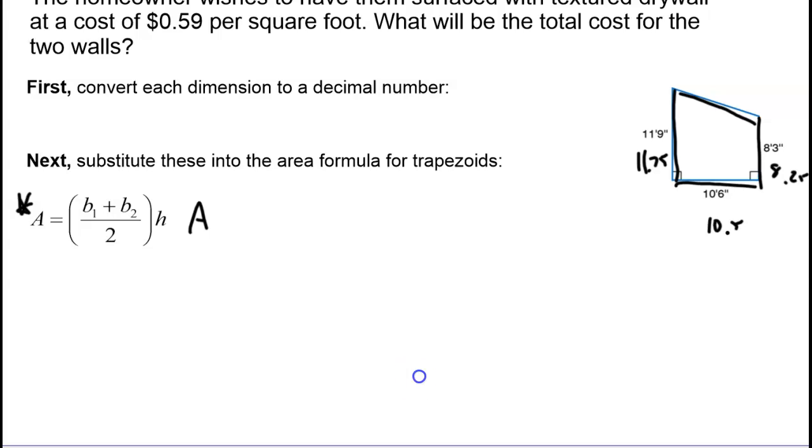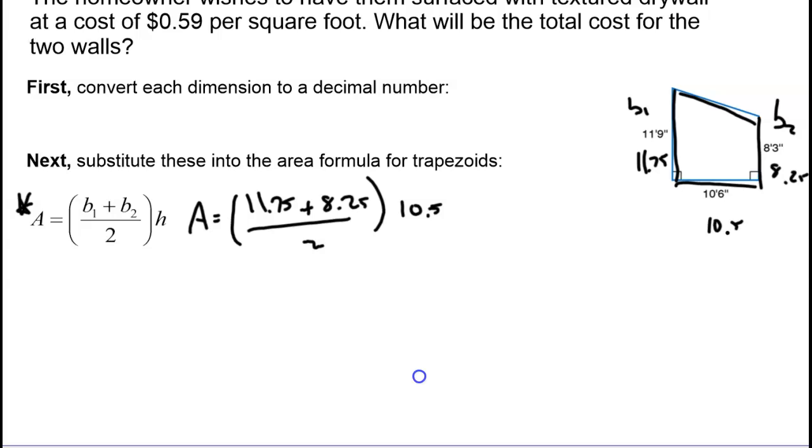So we're going to say A equals, so B sub 1 in this case, we'll call this one B sub 1, doesn't really matter, and then we'll call this one B sub 2. B sub 1 is going to be 11.75 plus B sub 2, which is 8.25, over 2 times the height, which is going to be 10.5.